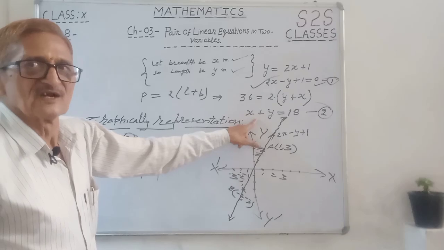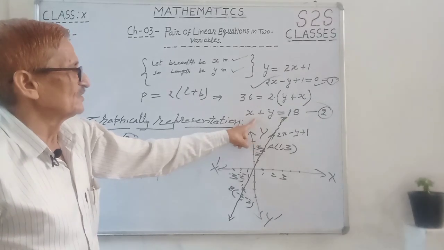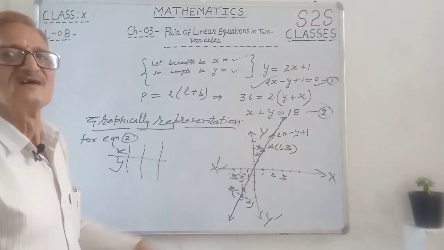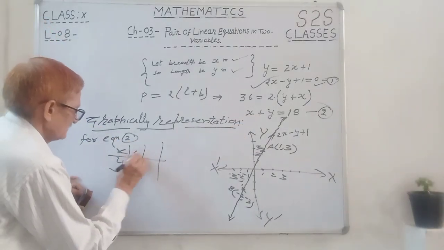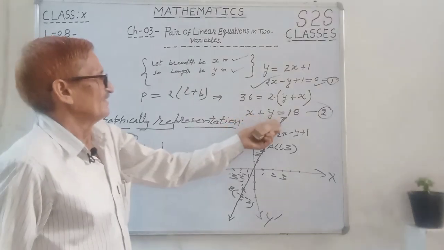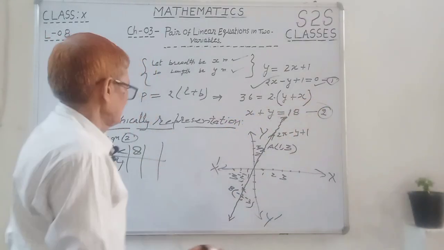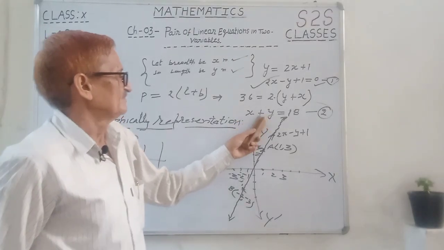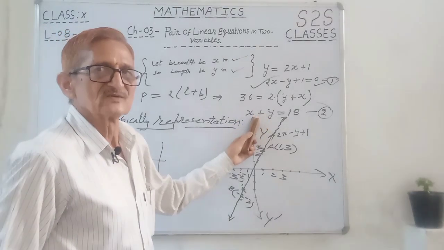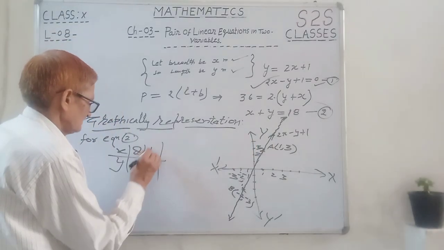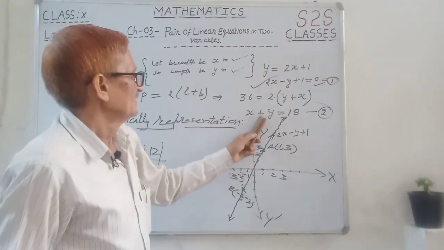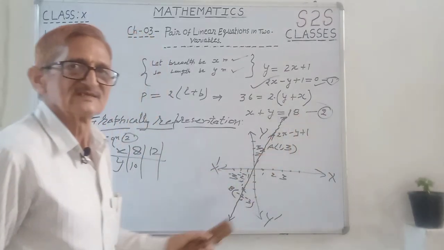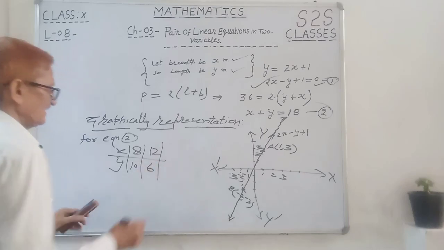So take x is equal to 8, then y is equal to 18 minus 8, 10. Okay, if you are taking here x 12, then y is equal to 18 minus 12, 6, and so on we can do.